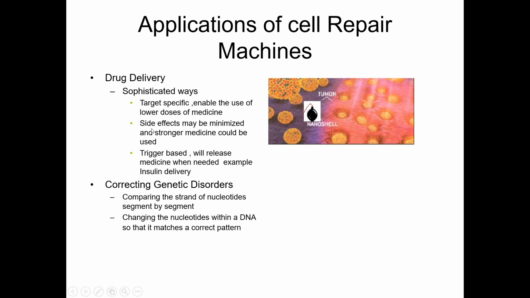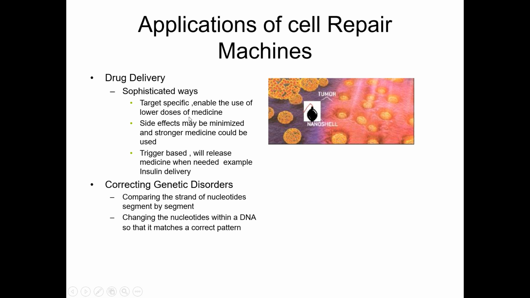The side effects may be minimized, and stronger medicine could be used. Trigger-based systems will release medicine when needed, for example insulin delivery. These are some examples of these nano repair machines.